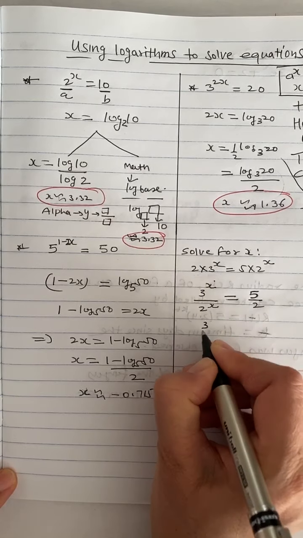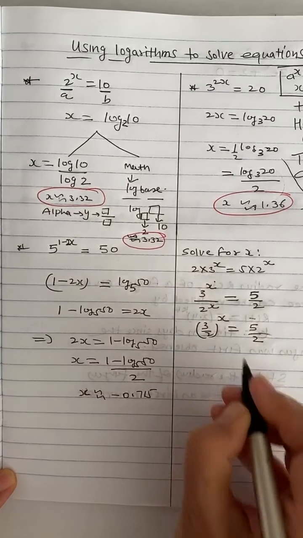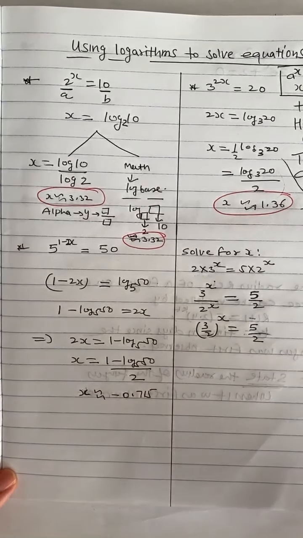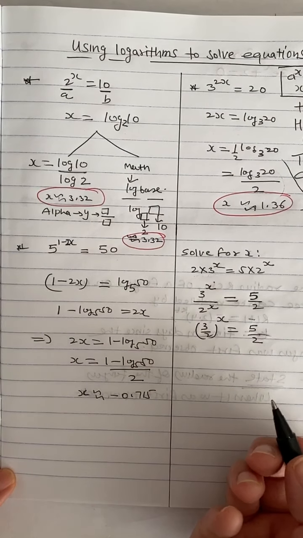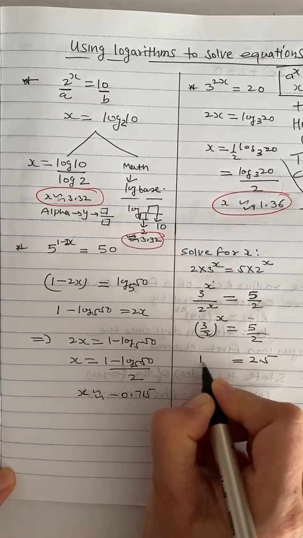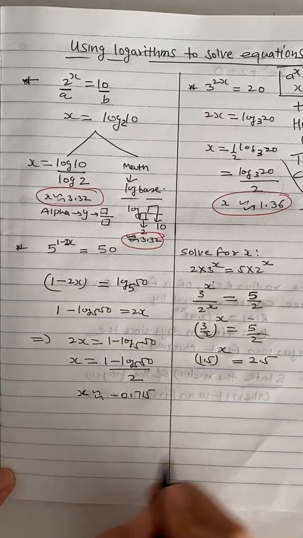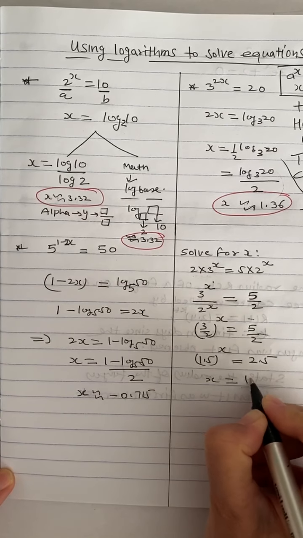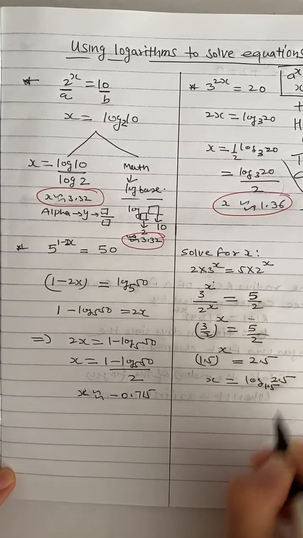Now after that, I can do one more step here. So this is 5 over 2, or rather 3 over 2 to the power of x equals 5 over 2. If you don't want to deal with fractions, and here the fractions we got are very nice, because 5 over 2 is 2.5 and 3 over 2 is 1.5, I can change to decimals here, and then we get x is equal to log 2.5 with base 1.5.